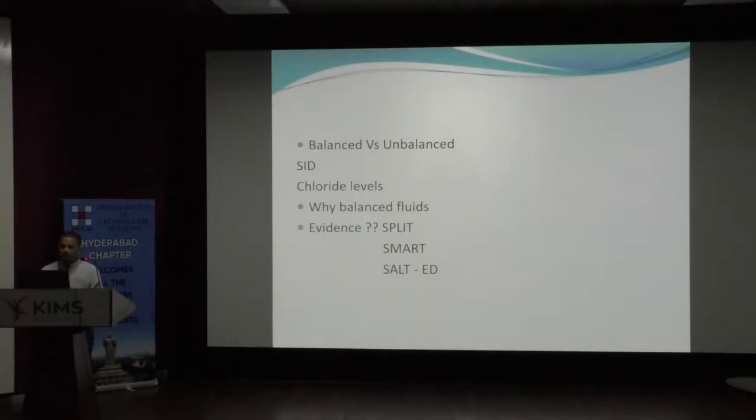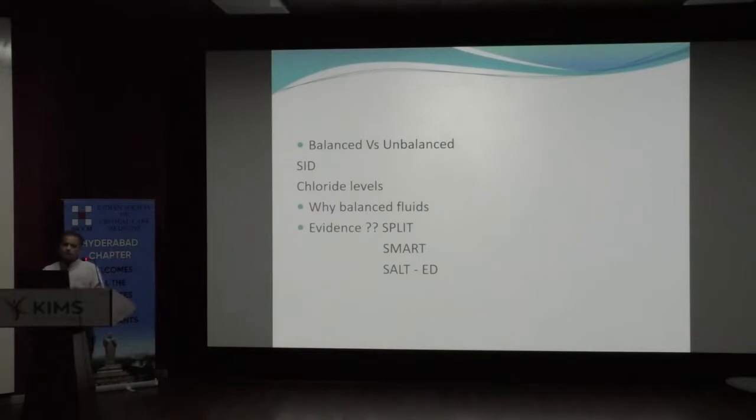If you ask me, it's the strong ion difference and the chloride level of a fluid. Strong ion difference is the total number of strong cations minus the total number of strong anions. Here organic anions are left out, and a fluid whose strong ion difference equals the bicarbonate level of our plasma is called a balanced fluid.